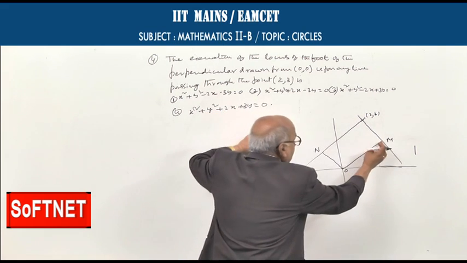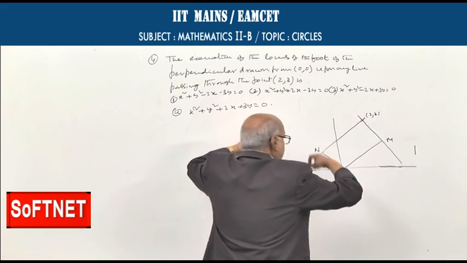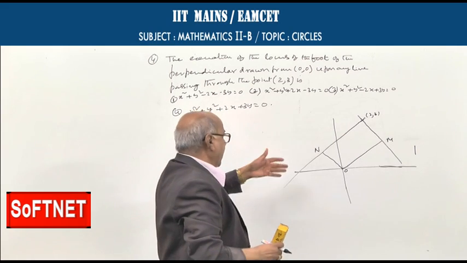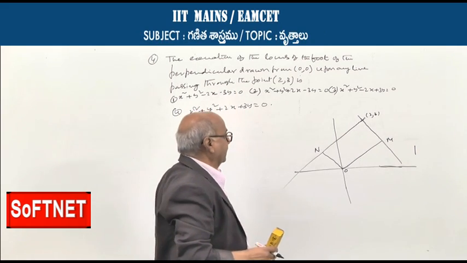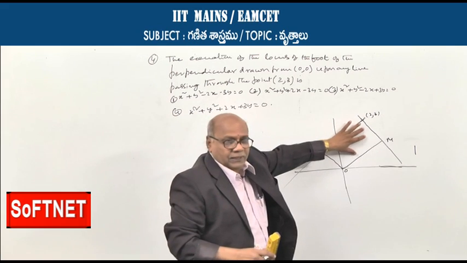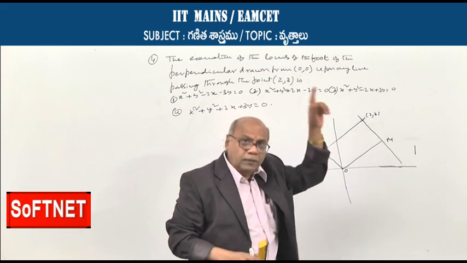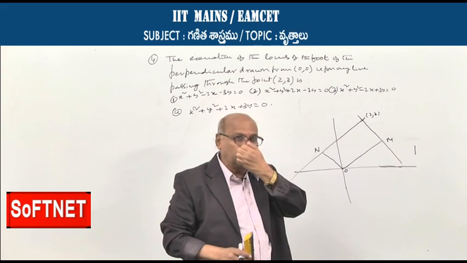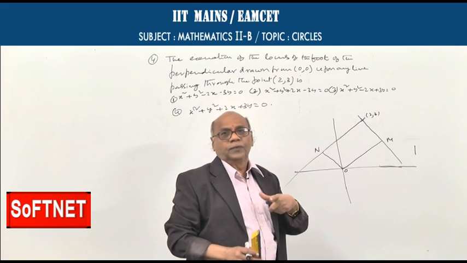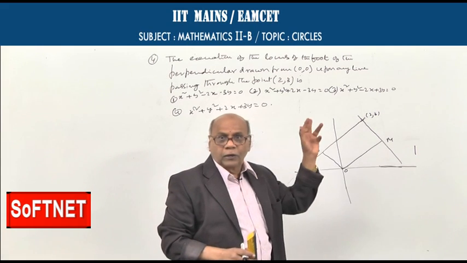Now he wants the locus of these feet of the perpendicular, M, N, and so many you will get like that. If the line changes, then the foot of the perpendicular will change. Now all these feet of the perpendiculars lie on some curve, and the curve equation we want to find out.